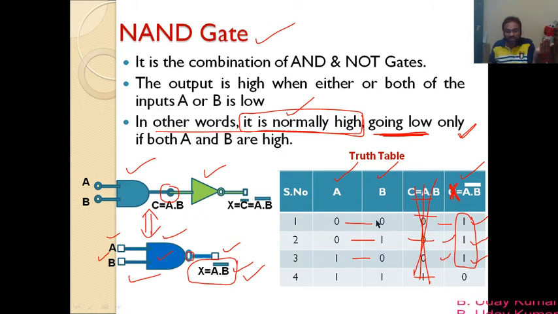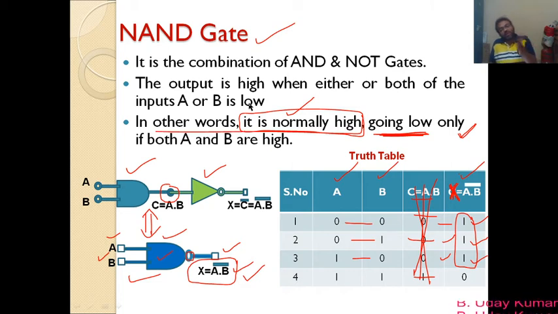This case shows both inputs are zeros, and these two cases show that any one of the inputs is 0. If you combine these two conditions, we get the definition written in this step: the NAND gate is a gate whose output is high when either or both of the inputs A or B is low.